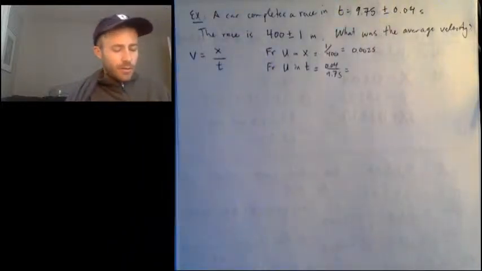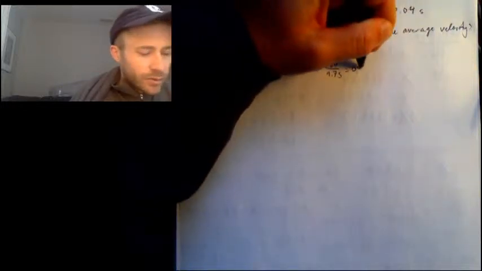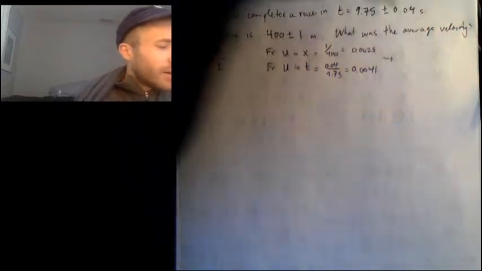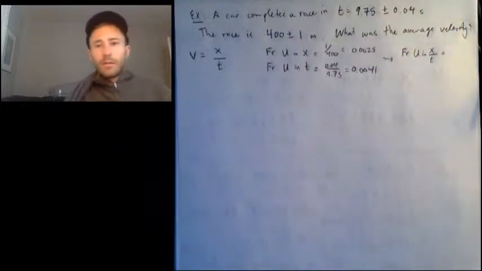So this is 0.0025. And this is 0.0041. Taking these two, the fractional uncertainty in x divided by t, we add their fractional uncertainties.